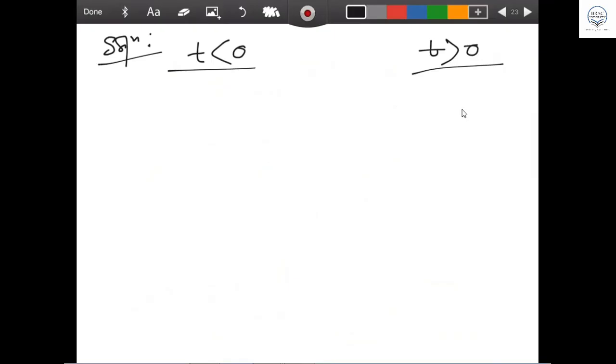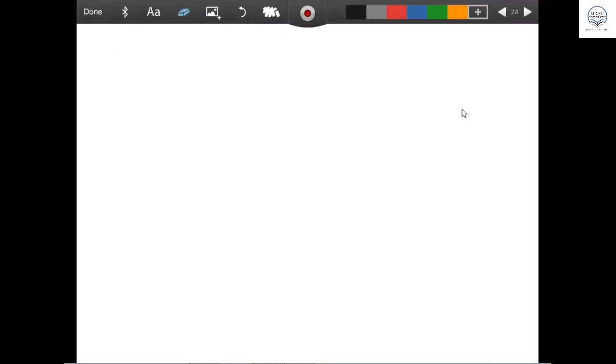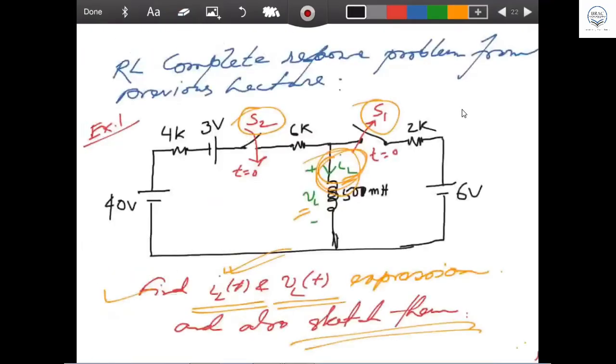So I'm going to draw separately on two pages because the pages are not enough. t is less than 0 on the previous page and t is more than 0 on the second page. So let's draw t less than 0. For t less than 0, what was the switching action?